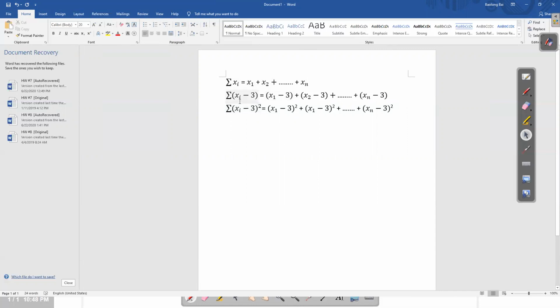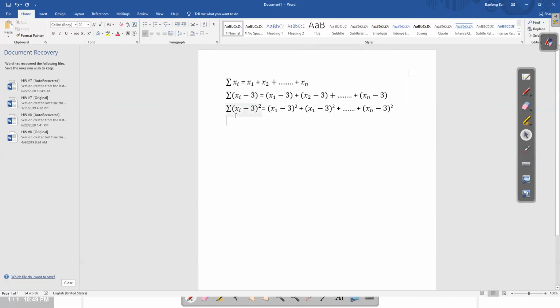And then the sum function can also work on an expression, but it's the same deal. It's going to add n of these expressions up by changing i from 1 to 2 to 3 up to n. So sum of xi minus 3 will equal x1 minus 3. That's the first item. And the second item is x2 minus 3, and so on. And the last item is xn minus 3.